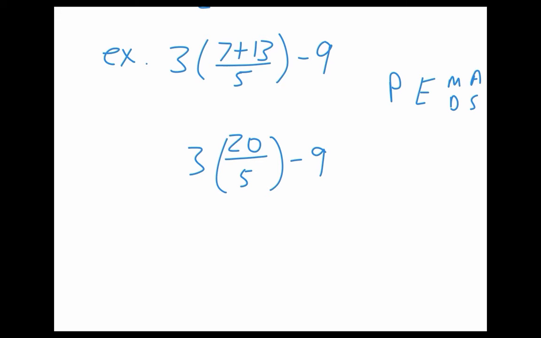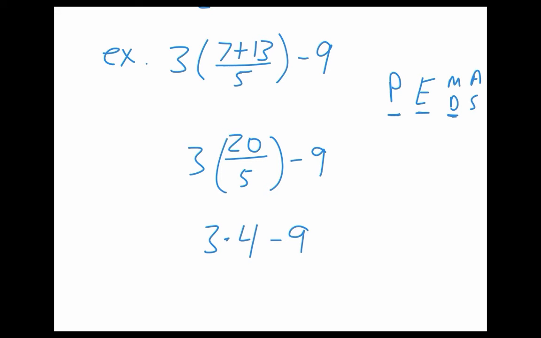Okay. Next step, what would you do next? Oh wait, no, you divide. Yep. So 20 divided by 5 is 4. You don't need the parentheses. Now you could put parentheses around the 4 if you wanted to, but since there's no operations to do inside, you can skip that, as long as you recognize that it's multiplication. So we're done with parentheses. There are no exponents.